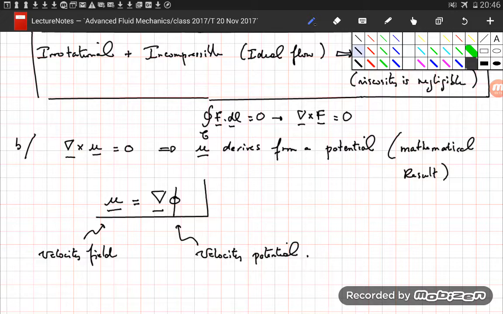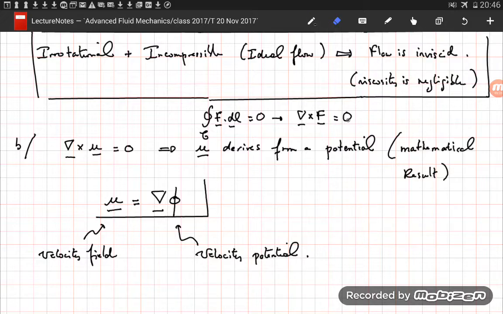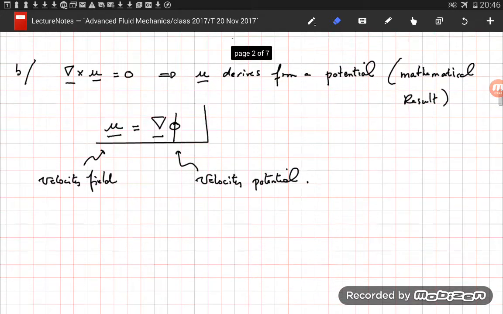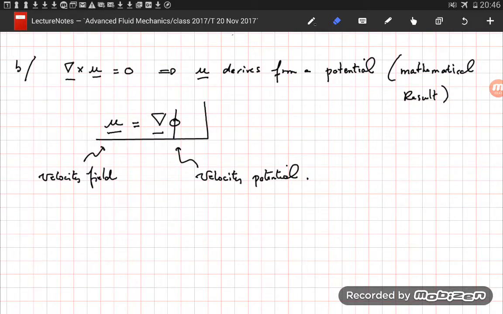So mathematically, the origin of the fact that an irrotational flow derives from a potential is the same as saying that a conservative force field derives from a potential. It's the same mathematical theorem that we apply.